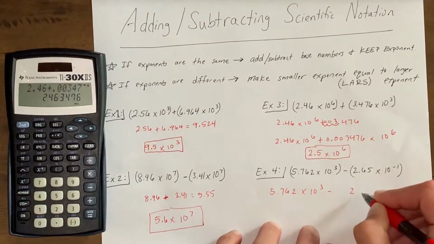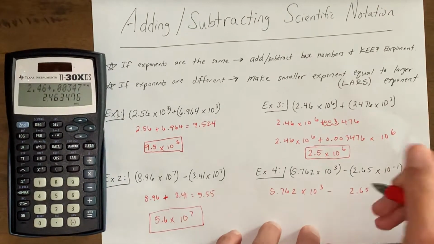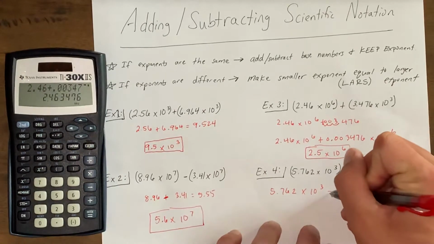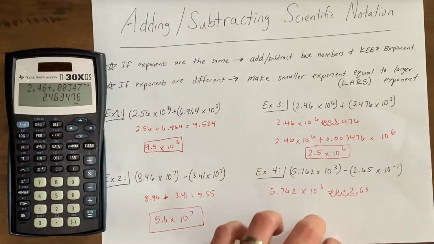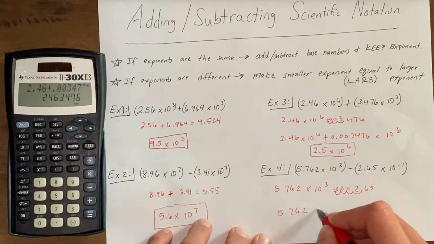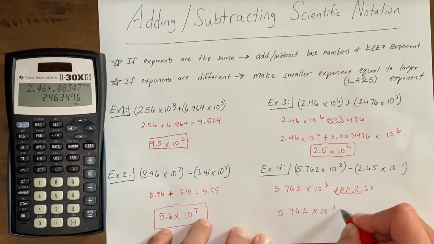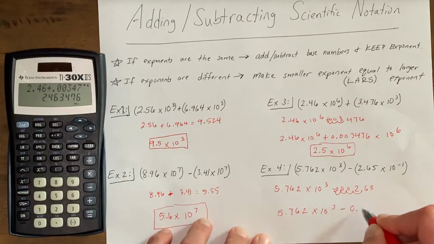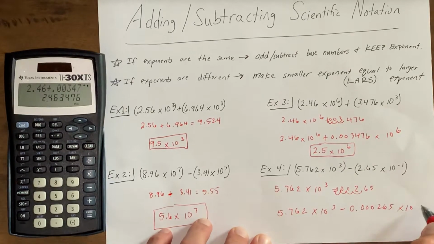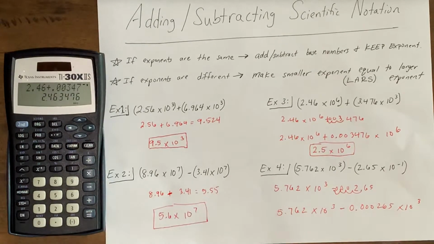So I'll write over here to give myself some room, 2.65, and I'm going 1, 2, 3, 4 times to the left. Add in my zeros there. So I have 5.762 times 10 to the third minus 0.000265, and that is times 10 to the third since I moved my decimal.